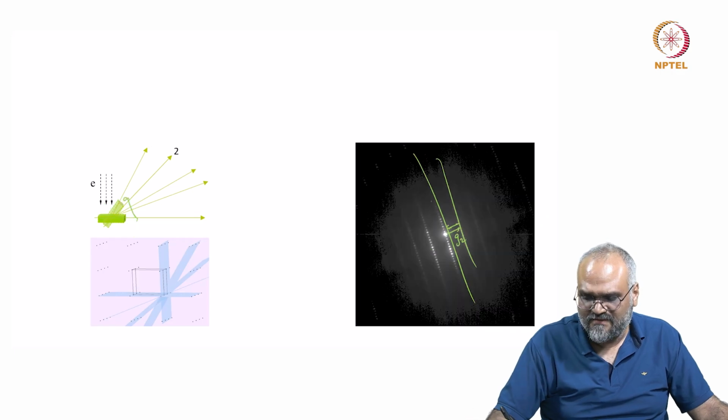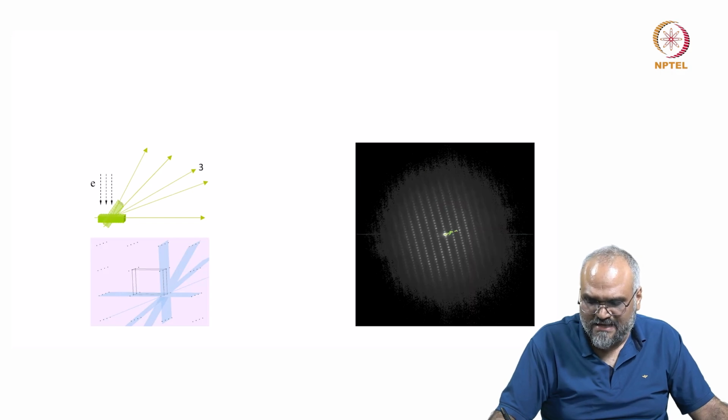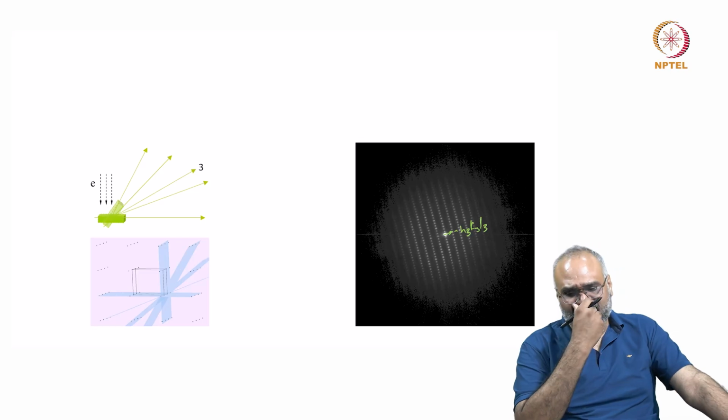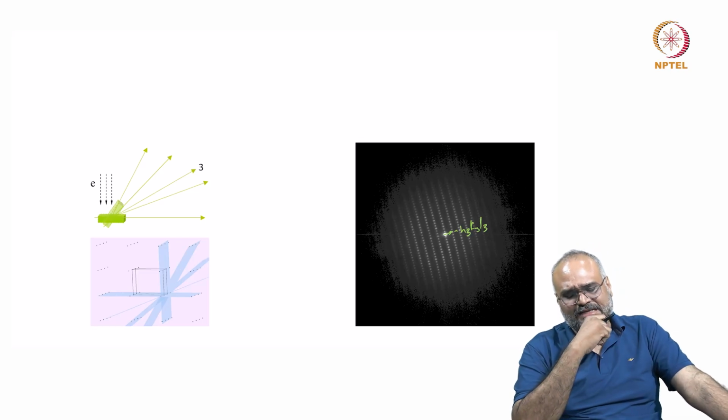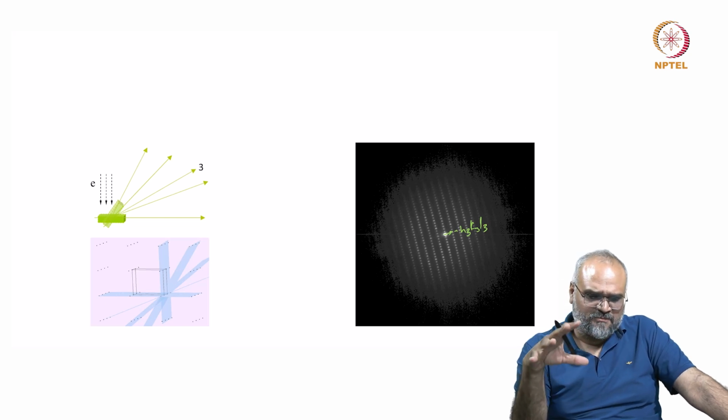I could have some other indices as H2, K2, L2, and in the third case, this could be H3, K3 and L3.